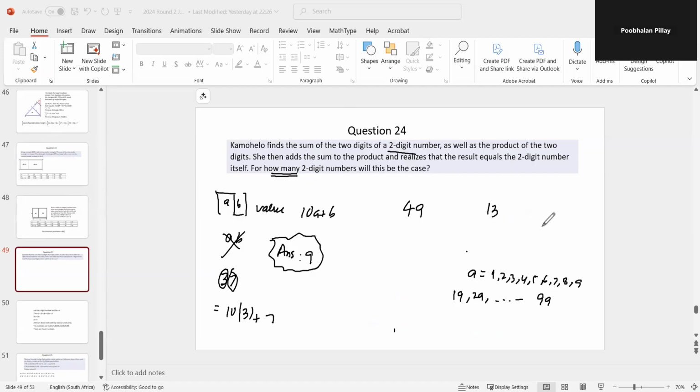She takes 13, 4 plus 9 is 13, and she calculates the product of these two, 4 times 9. She also calculates the product and the sum, and then she adds these two, and she realizes that the result, 36 plus 13, is actually equal to the original number that you started off with. So you can see it works, right? It works for 49, and if you try it for all the others, it'll work also. So that's very nice. You got 9 possible 2-digit numbers, which will do the trick.